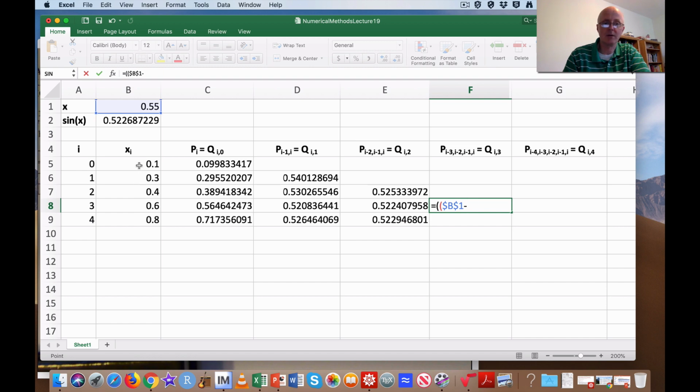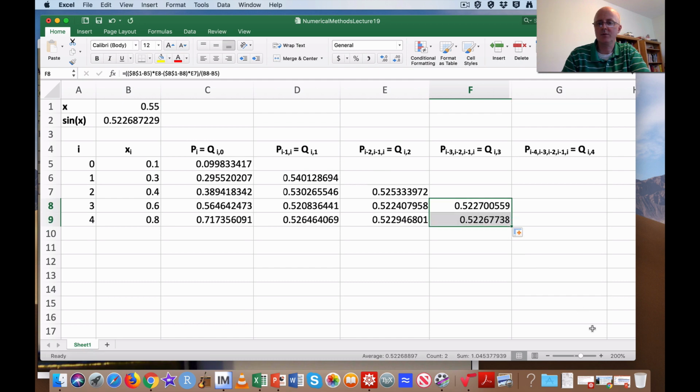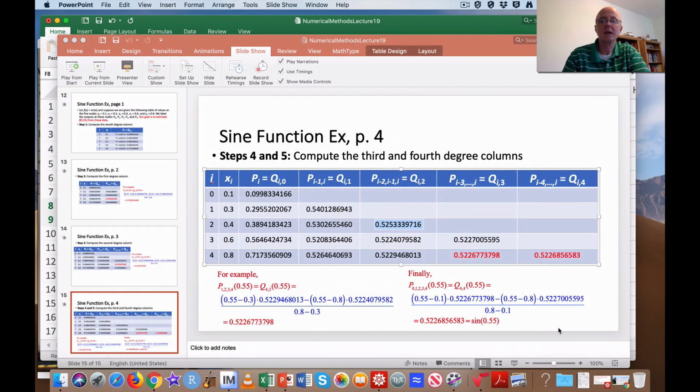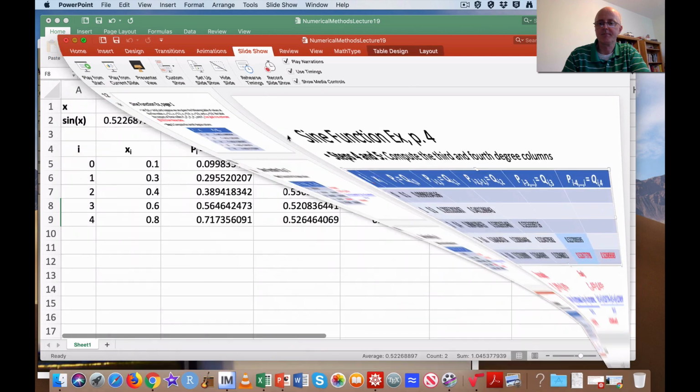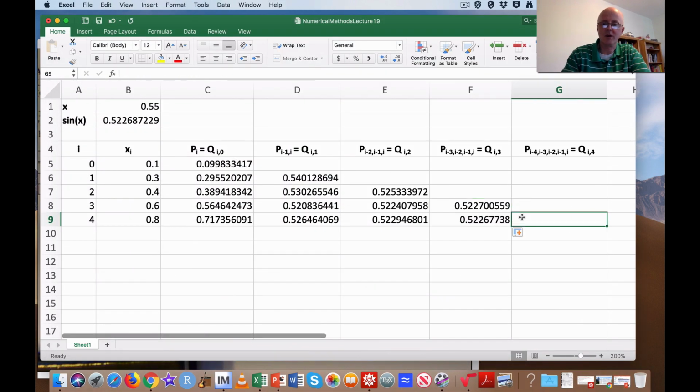So I got to subtract the smaller one, the x0, times this number, minus B1 minus x3 times this number, all divided by x3 minus x0. See if those numbers seem right, 0.5227 and 0.5227 essentially. Matching these numbers, yes they are. Finally, just one more to go.